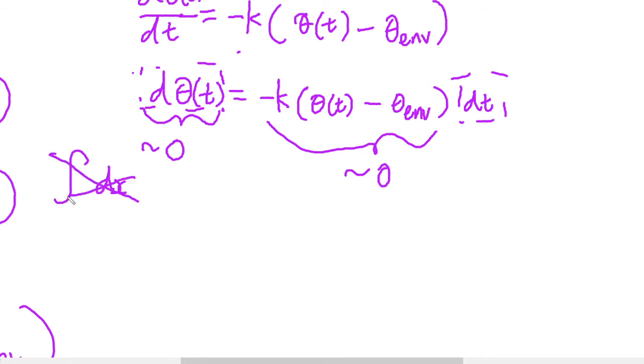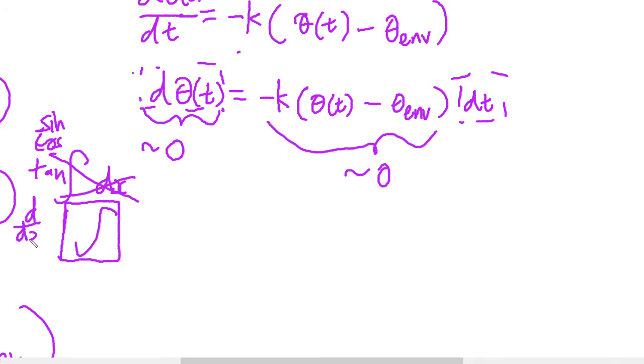No, no, no. I just mean to use the continuous sum, applying the continuous sum as a sort of operator like sine, cos, tan, d dx. We're applying this as a sort of operator to d theta and this term times dt.